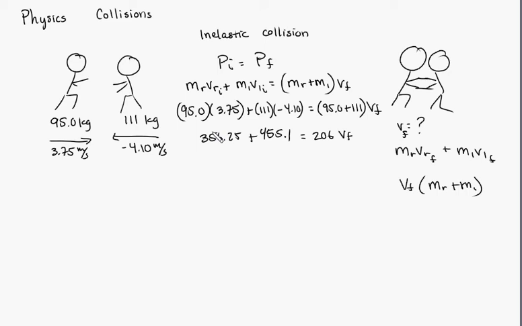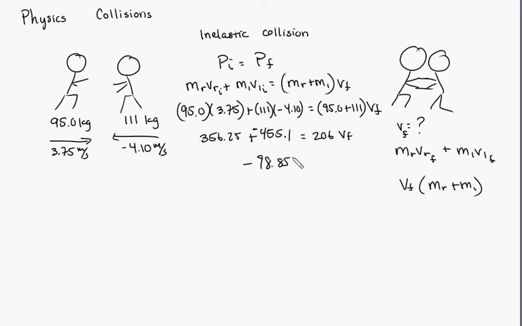Okay, I'm going to add these two together. Oops, almost made a mistake. Negative. I'm going to add those two together. 356.25 minus 455.1, and I get negative 98.85.